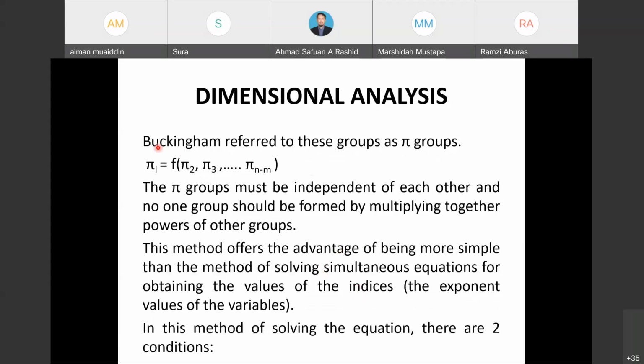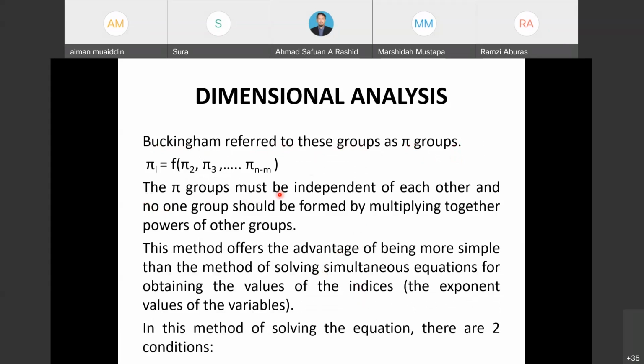So Buckingham refers to these groups as pi groups. The pi groups must be independent of each other, and no one group should be formed by multiplying together powers of other groups.